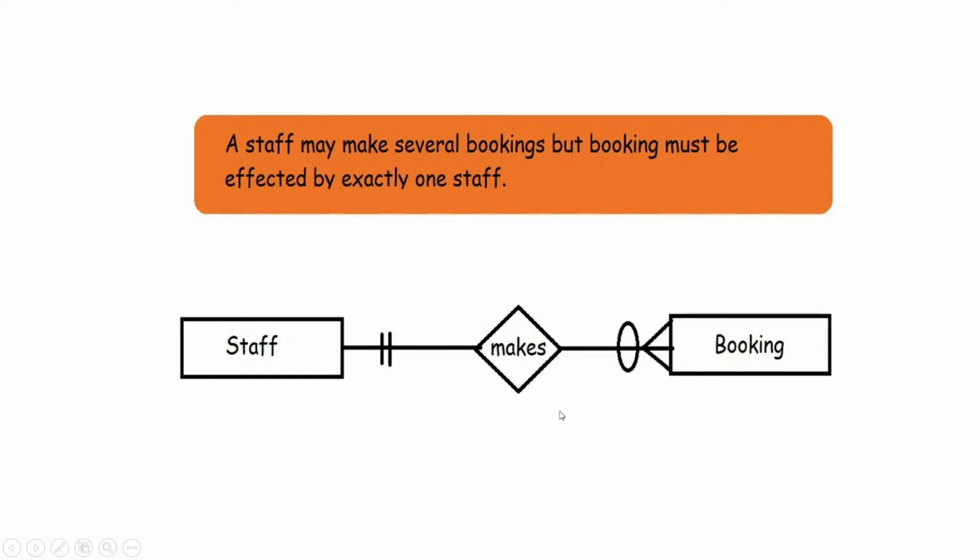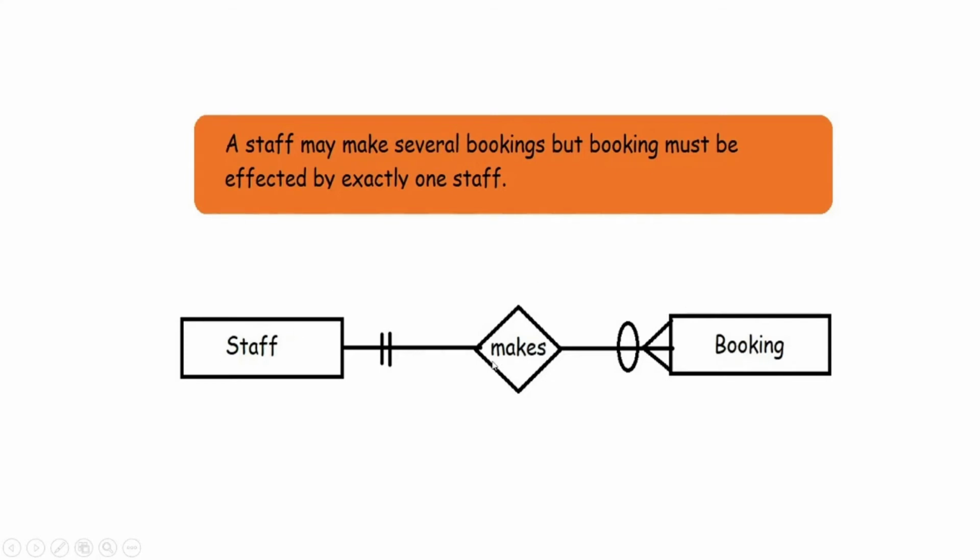This is the condition box that links staff with booking. So we write a verb here, makes. Why a verb here? Because the entity has to be singular. I've written bookings here, but in the entity I didn't put the S. I've omitted the S because my entity must be singular.